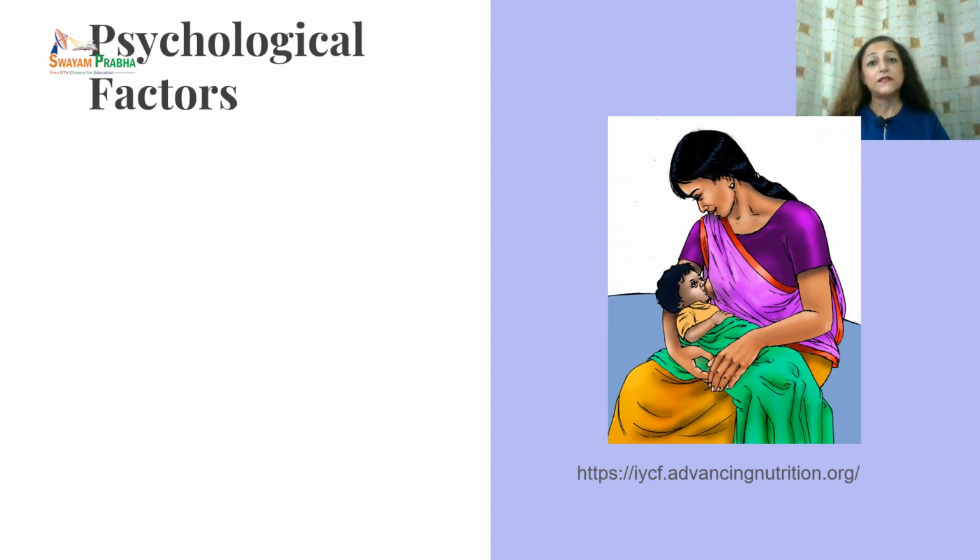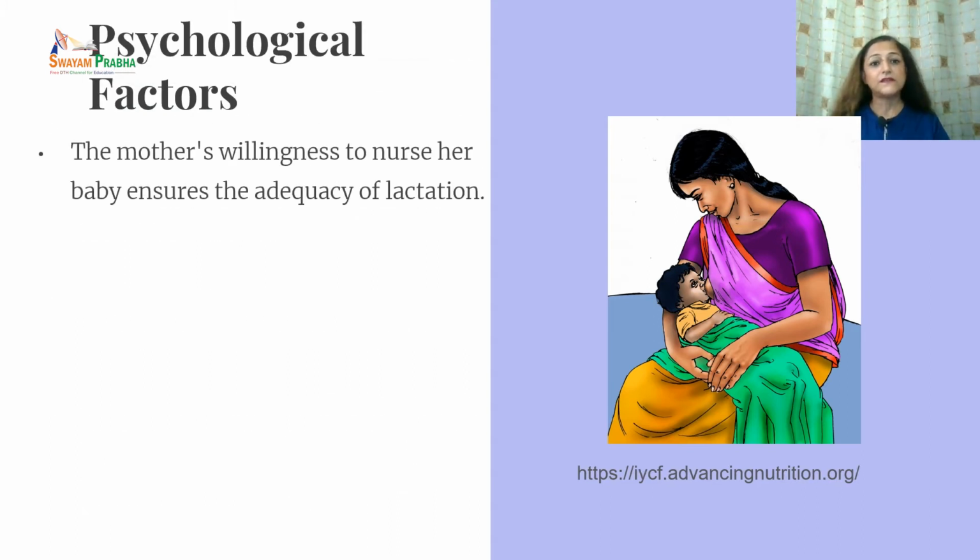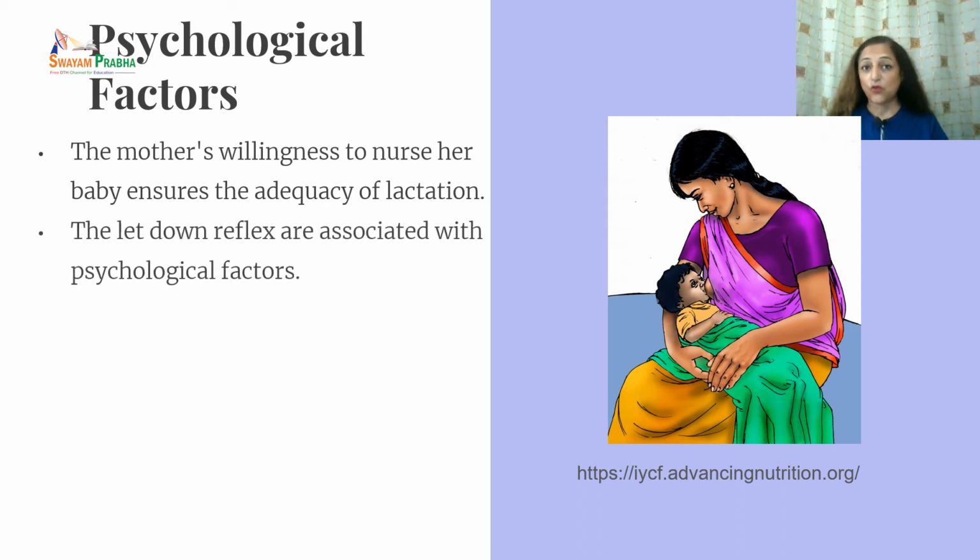The third important factor is the psychological factor. The mother's willingness to nurse her baby goes a long way in ensuring that the lactation process is continuous and adequate. And we have also studied in the previous slides that the let down reflex is directly associated with psychological factors.